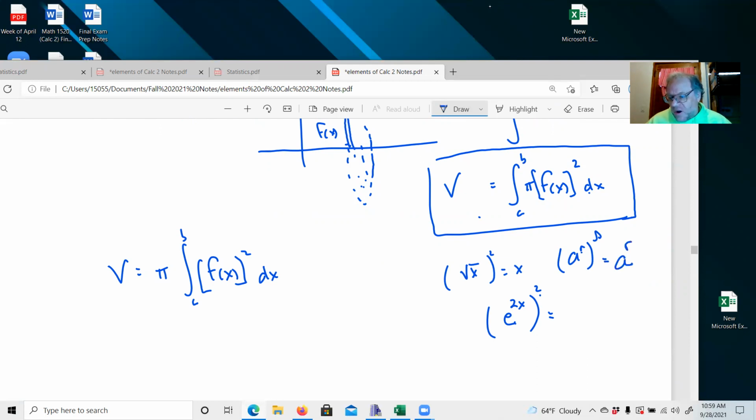This is a to the r times s. So we multiply. This will be e to the 4x. So be careful about that. I will try to do these kinds of things to you to remind you of some of the math that you've forgotten. So remember this rule, it's important. It applies here too. That's different than something like e to the x squared. That's something you can't integrate.